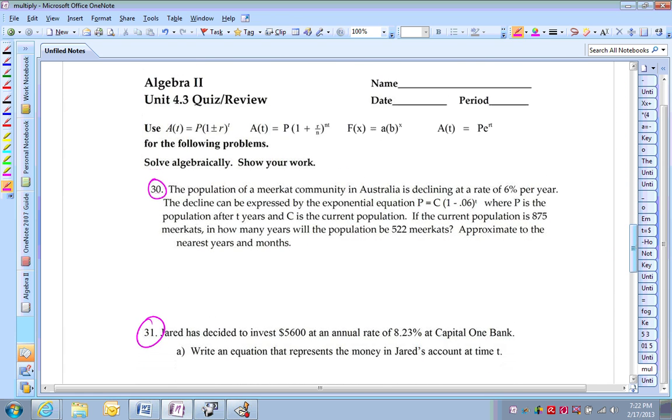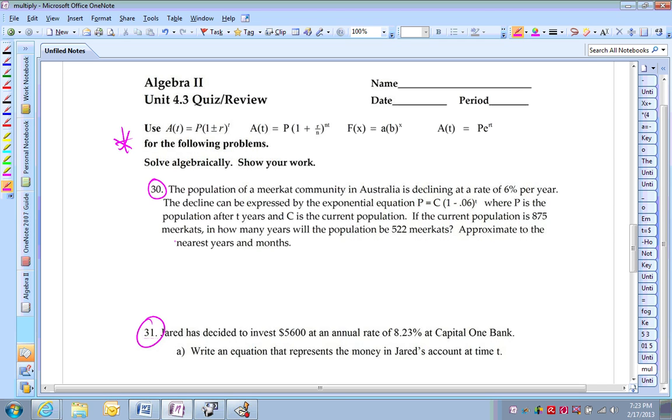On problem 30, they are giving us a population problem. And in this section, they've given us 4 different equations up at the top that we need to use. They say the population of a meerkat community in Australia is declining at a rate of 6% per year.